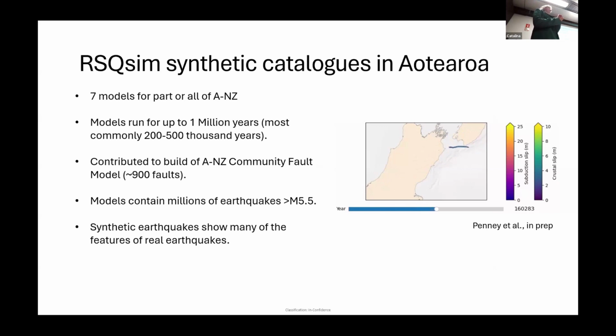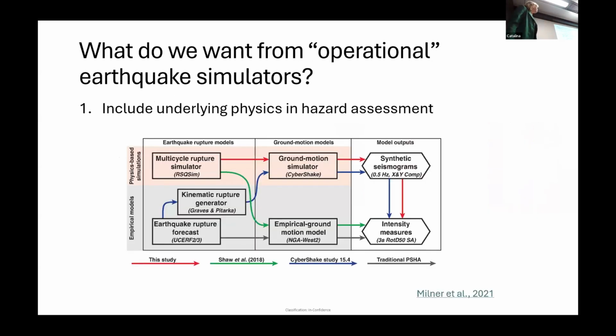Because if they don't, then this isn't very useful, right? And B, if they do, then what can we use them for, and how should we use them? This is just an example animation on the side of the kind of things we get out of it. The colors that are appearing show how much the fault has slipped. As I said, this is really earthquake source stuff rather than ground shaking, but that's what we get out.